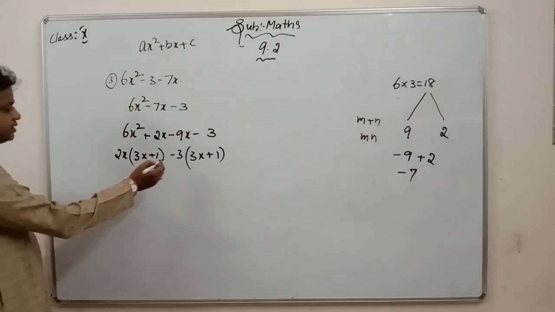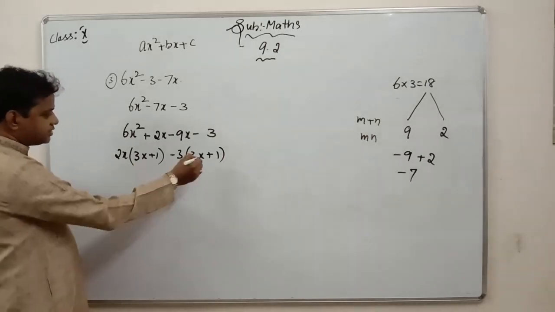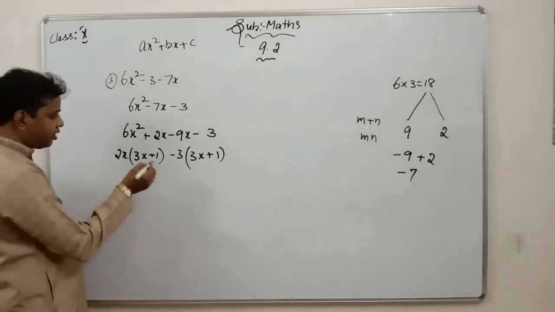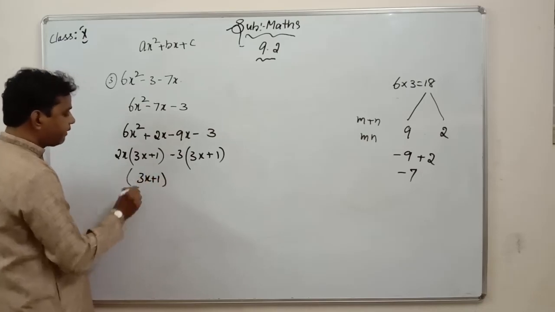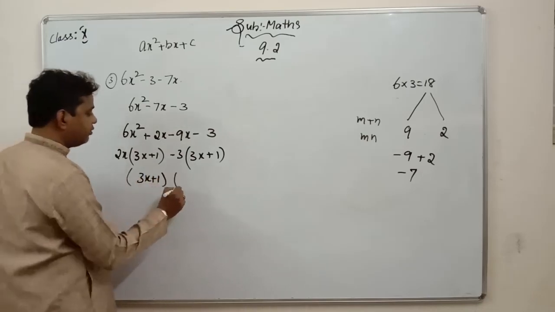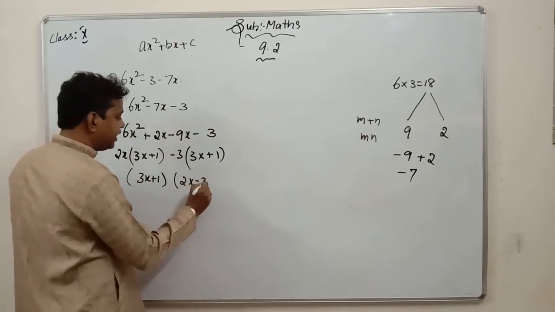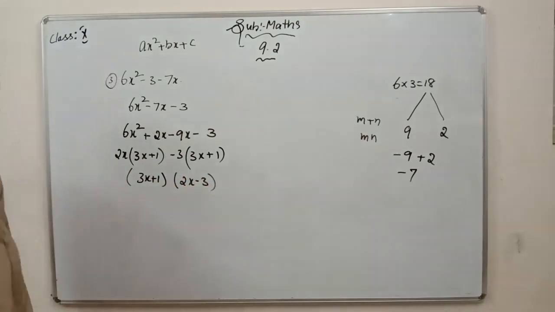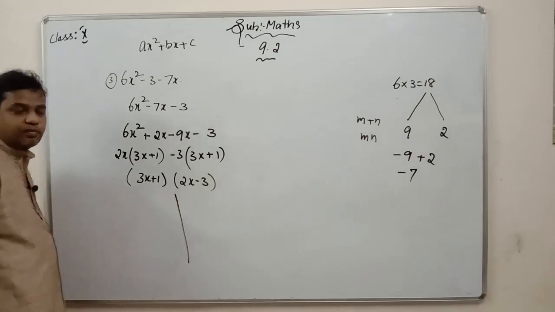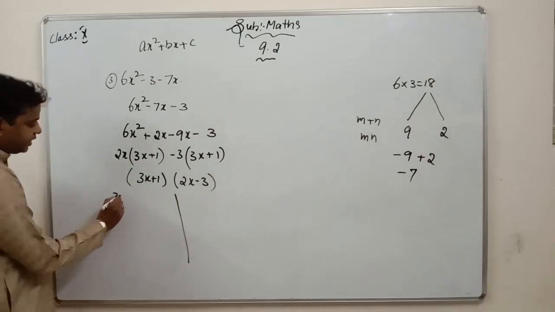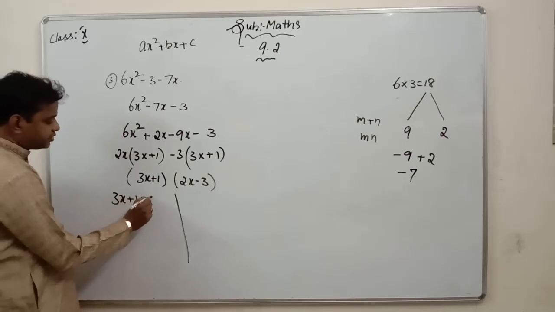Now you can go like this up. So in these two things which I can take common, if you want you can take 3x plus 1, and we have 2x minus 3. Both we have. So we have 3x plus 1 and 2x minus 3. So let it compare with the 0 because we are going with the 0 polynomial. So first 3x plus 1 equals to 0.